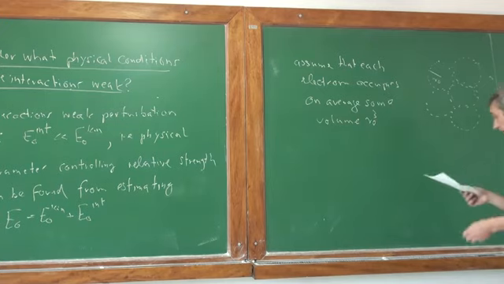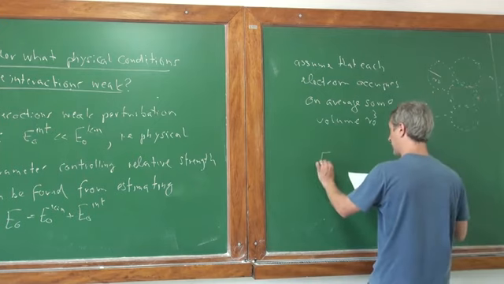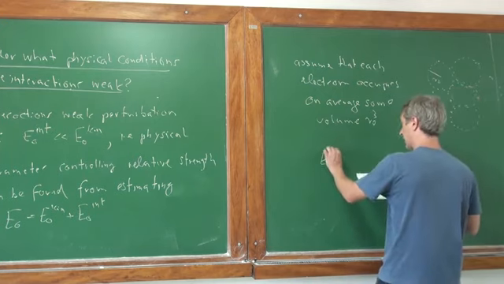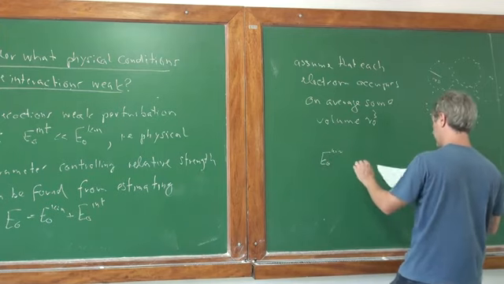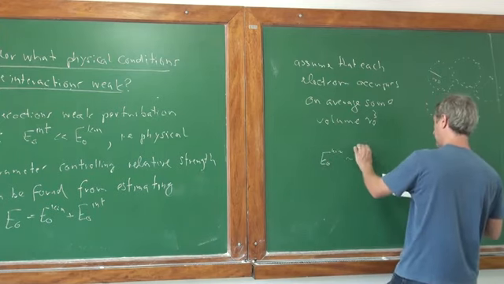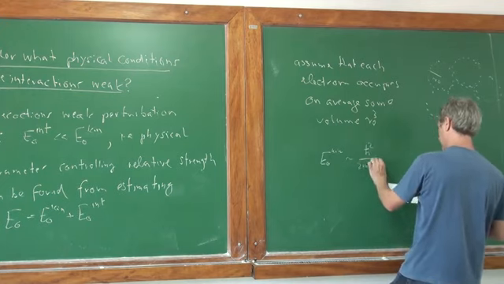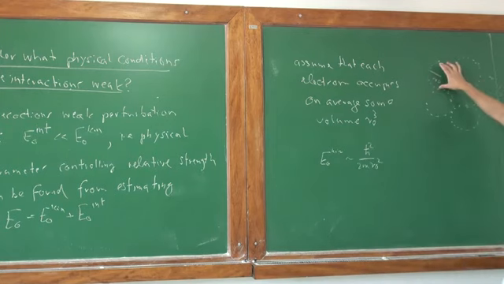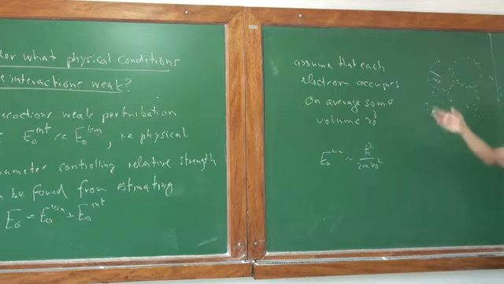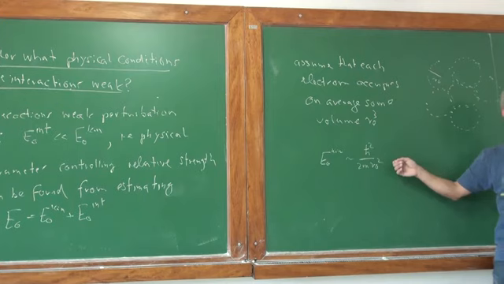Okay? So if you have this simple picture, then the kinetic energy is given by the radius of the sphere. The typical kinetic energy of the electron is like that of a particle in a box: the more you want to localize a particle, the larger the kinetic energy will be.